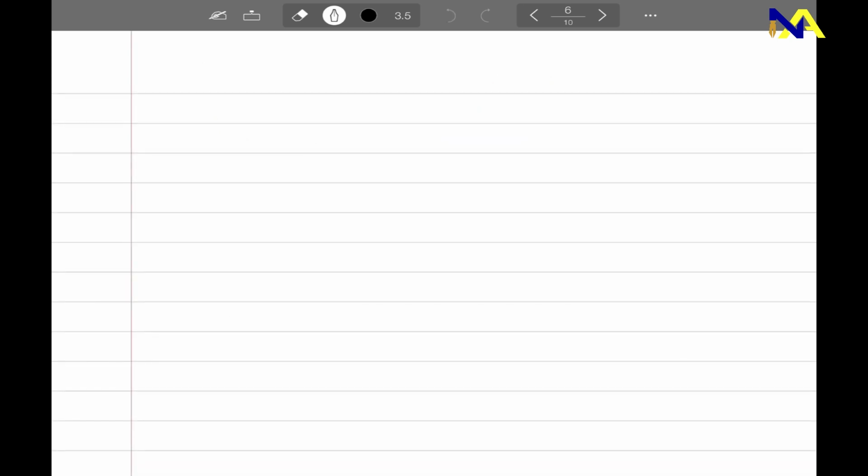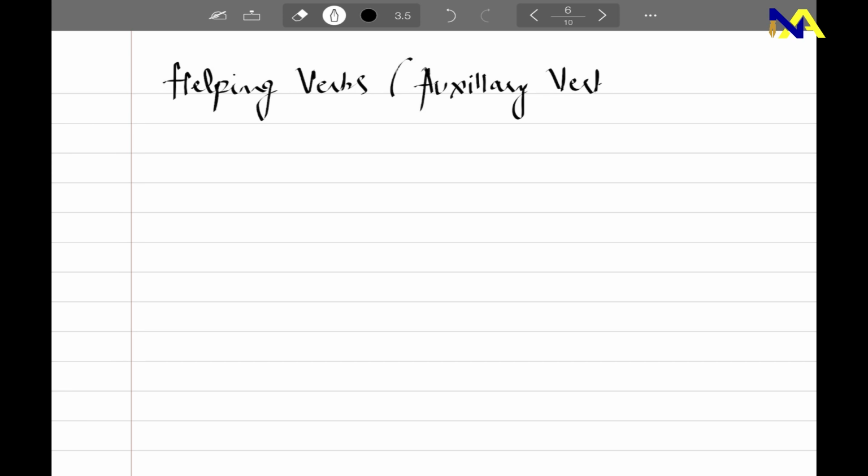Okay, now we will move on to a few examples of helping verbs. The helping verbs, as I have already told you, are also known as auxiliary verbs. Now what's the main use of them?